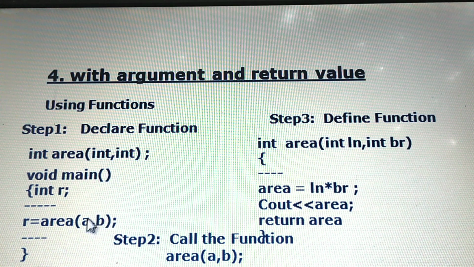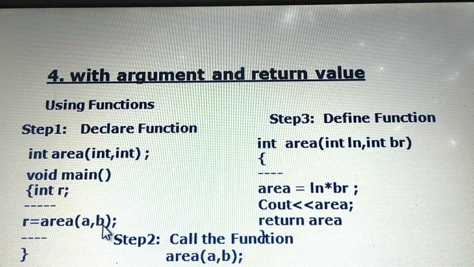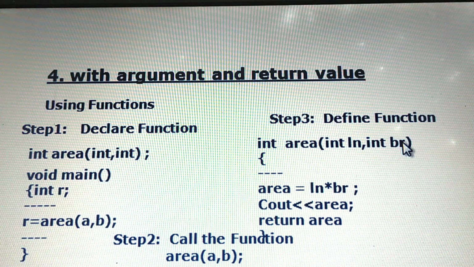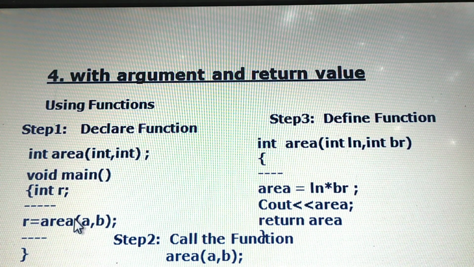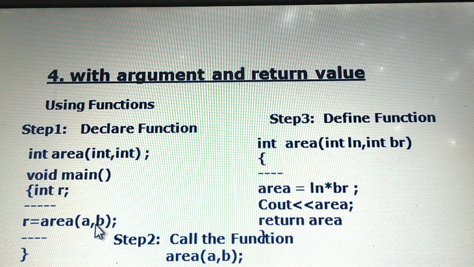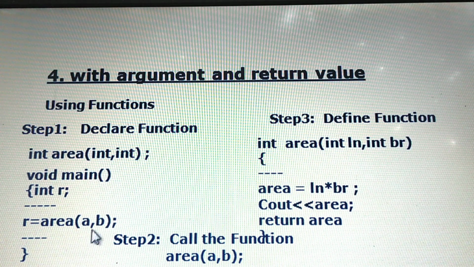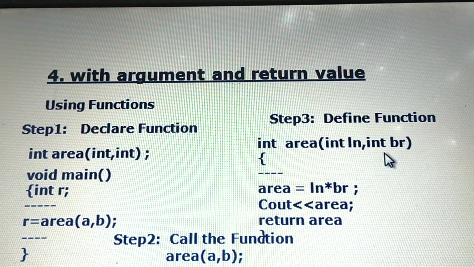The value of the first argument is stored in the variable ln, and the value of the second argument is stored in br. These ln and br are called formal parameters, and the arguments in the function call are called actual parameters. In the function definition, the variables we use to store the passed values are called formal parameters.